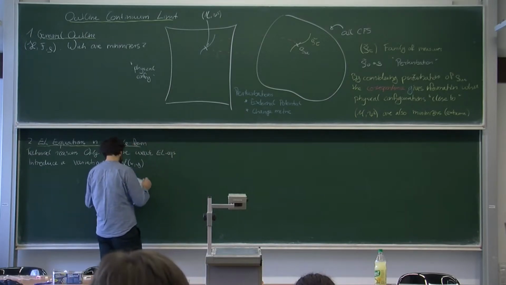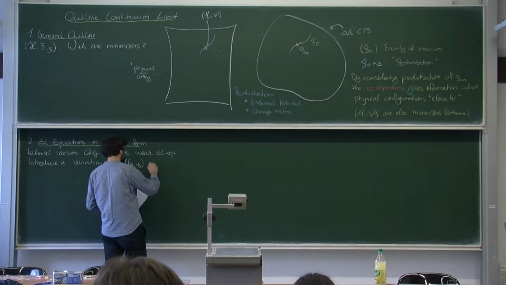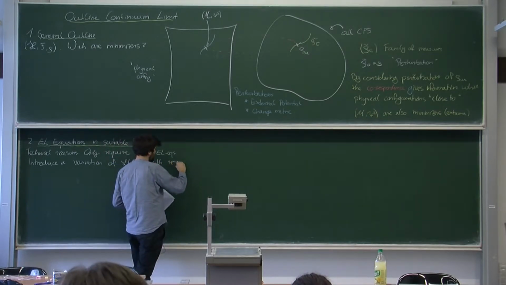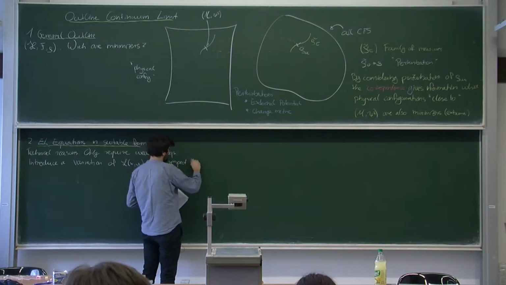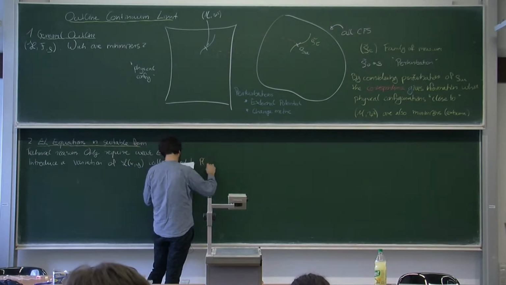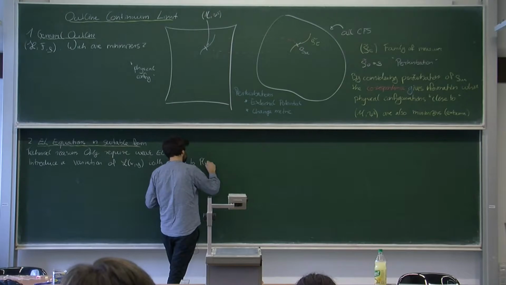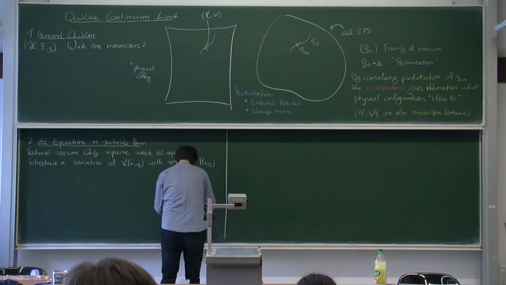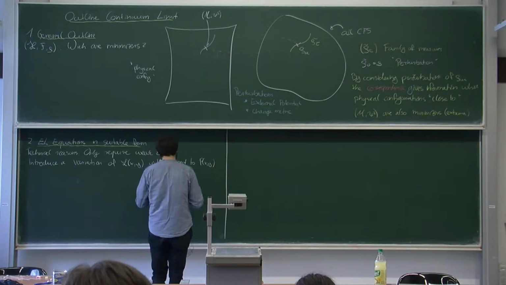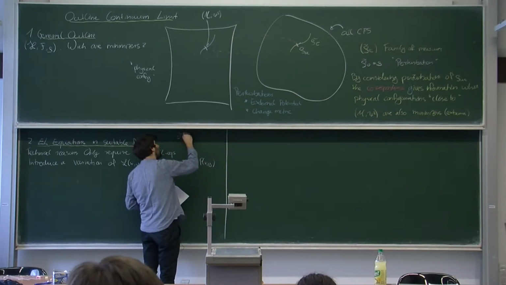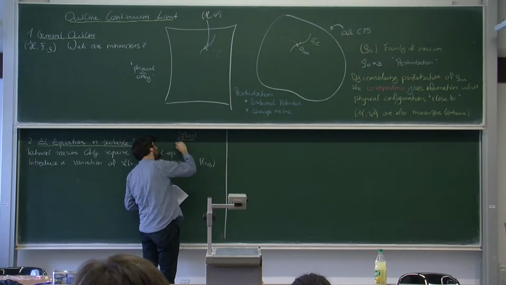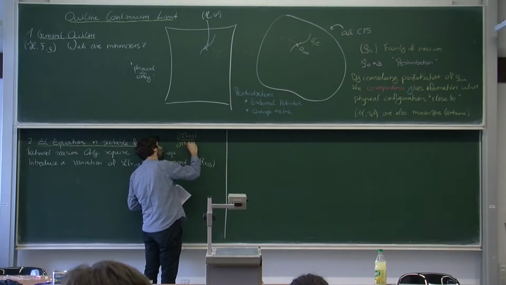That's why it makes sense to define a variation of L of xy with respect to P of xy. Informally speaking, this is not to be taken too seriously, this is something like dL of xy with respect to dP of xy.